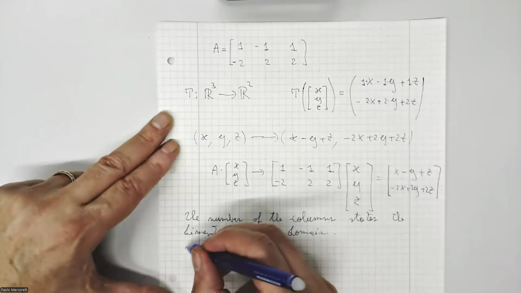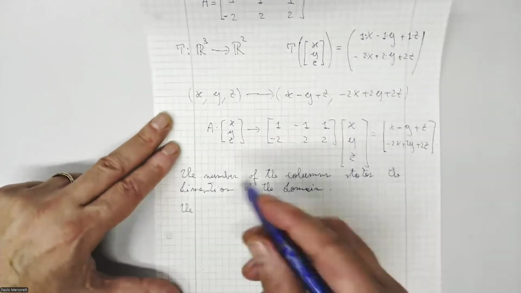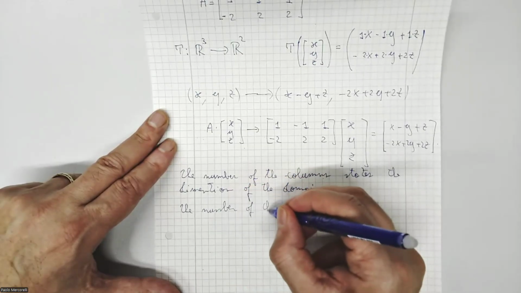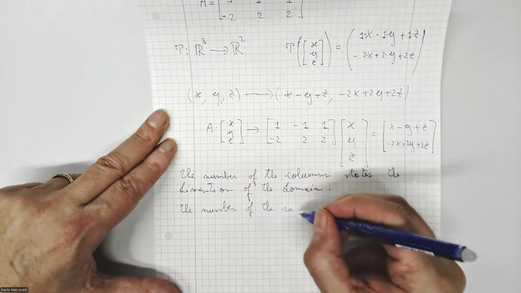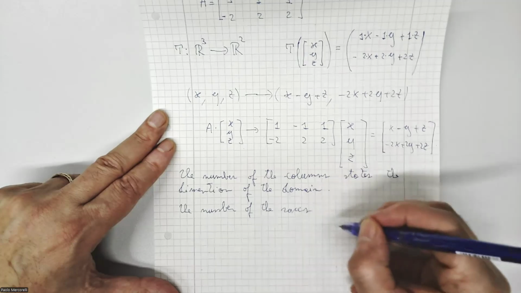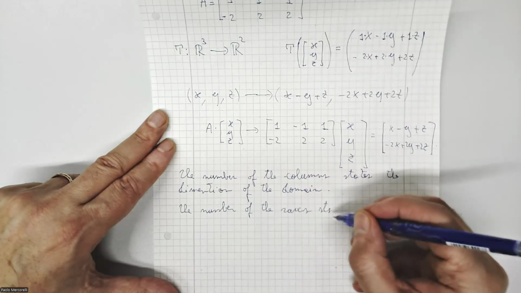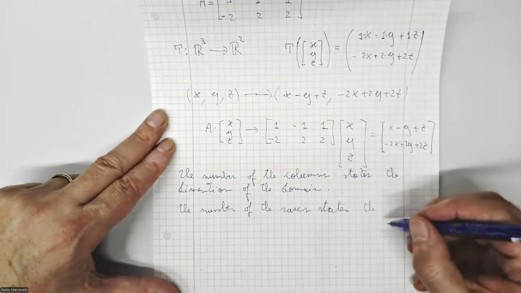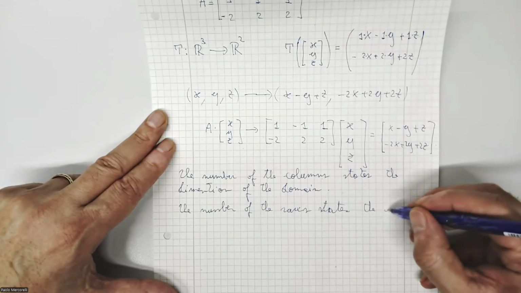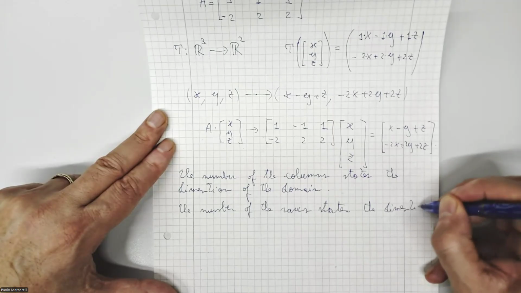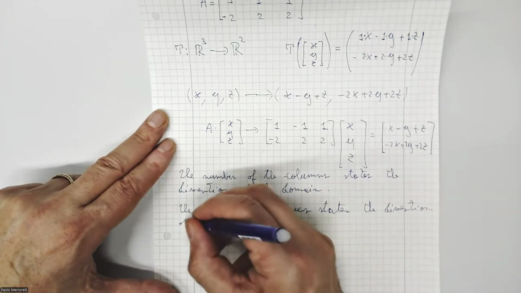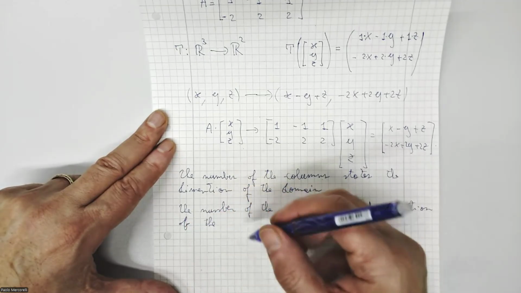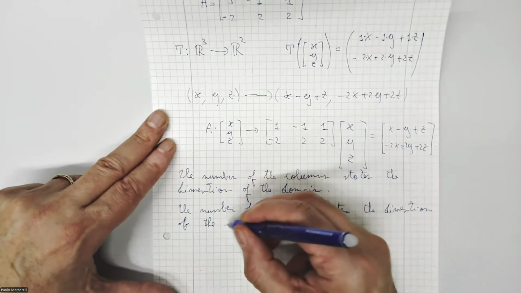Then the number of rows states the dimension of the codomain.